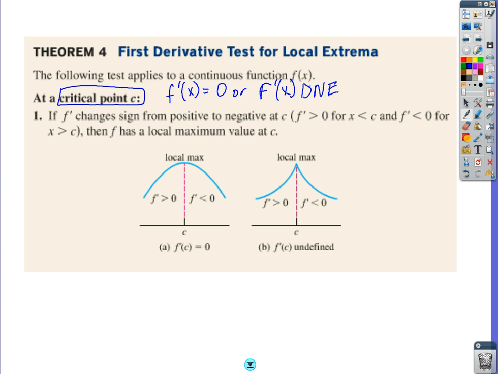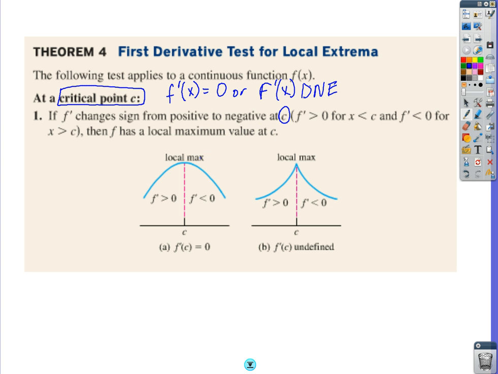Then what it says here is that if f prime changes sign from positive to negative at that critical point c, that means f prime is greater than 0 and then switches to f prime being less than 0, then f has a local maximum value.